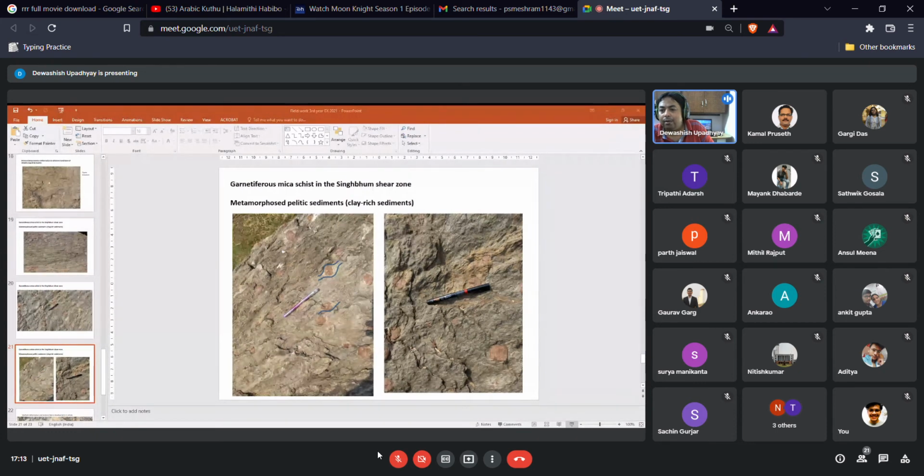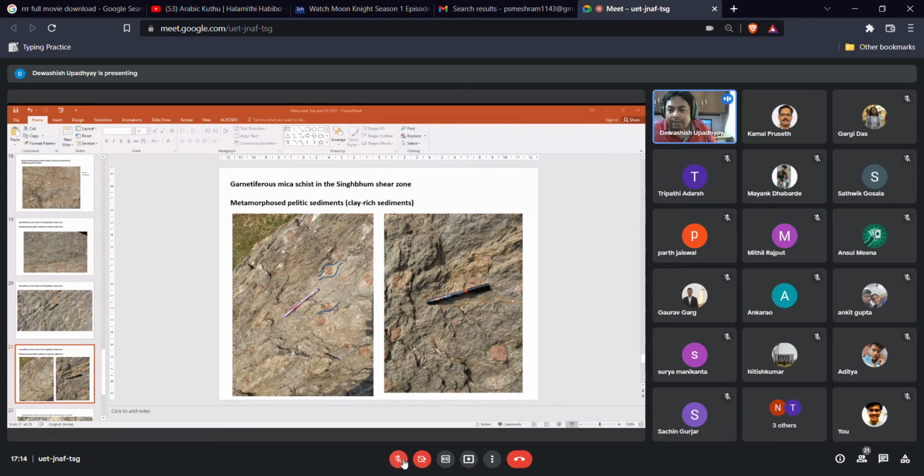Can you see the pen, all of you, in the left image? You can see some lines parallel to that pen. The foliation is northeast southwest oriented, roughly parallel to this pen or pencil.